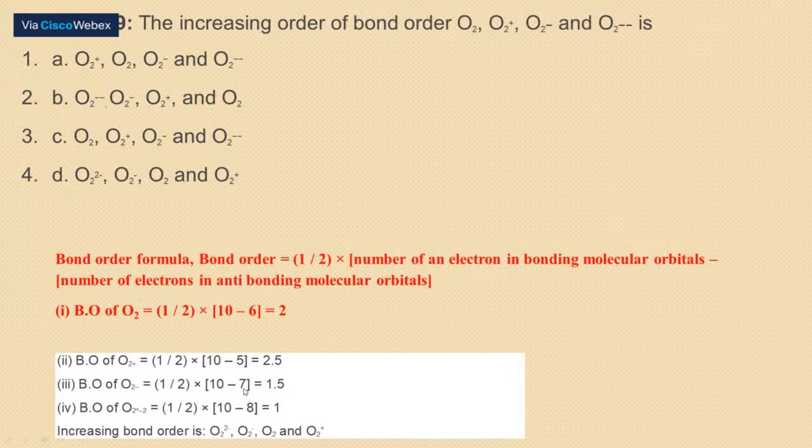Here we have 7 in the antibonding orbital, and if you substitute and calculate, you get the bond order as 1.5. In the same way, for O2 2 minus it is 1, so we find which bond order is highest.